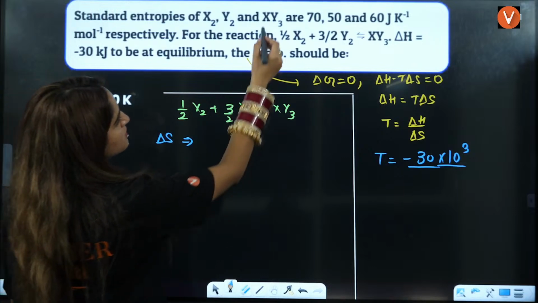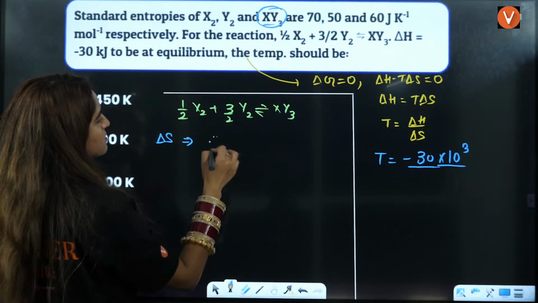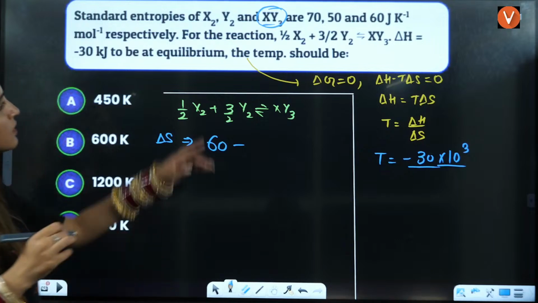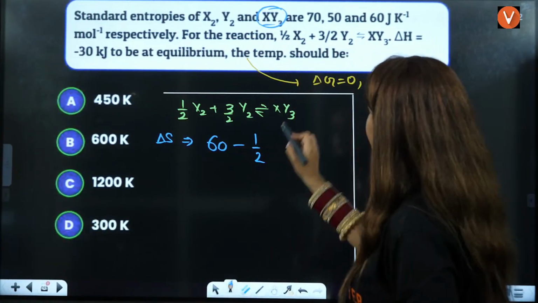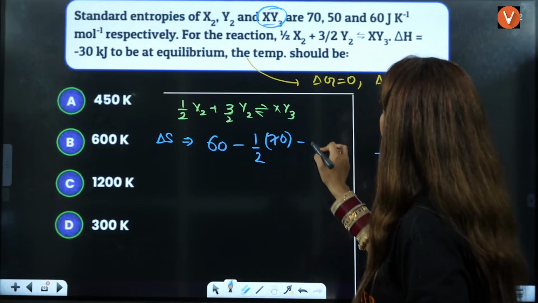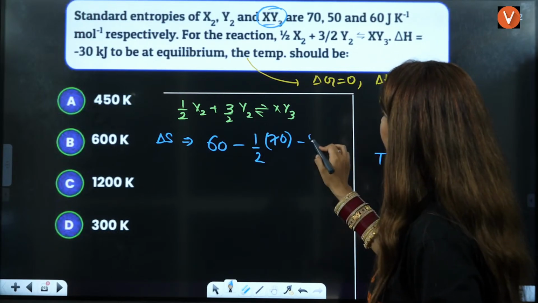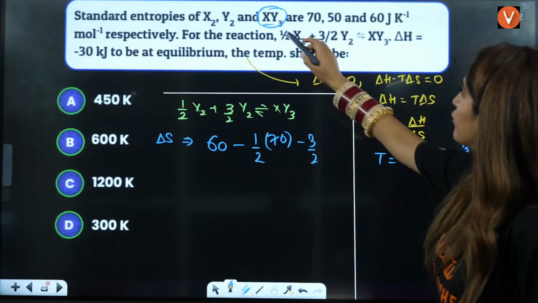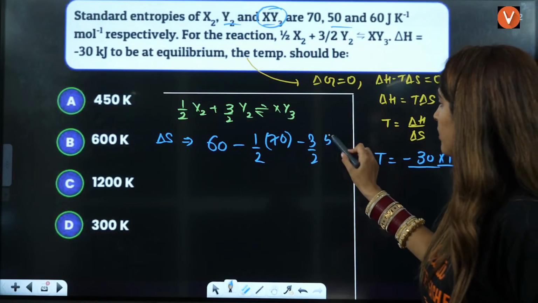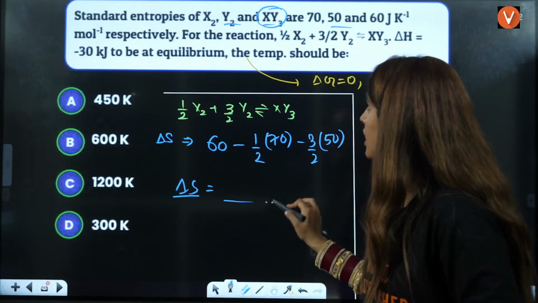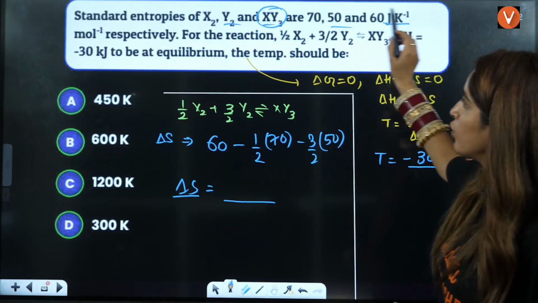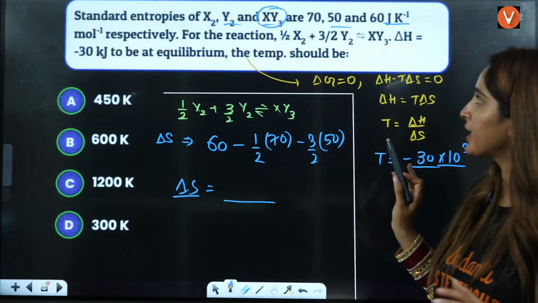Product is this, it has 60, minus reactant, half of X2. X2 is 70, minus 3 by 2 of Y2. Y2 they have given to be 50. From there you will calculate the value of delta S. Now this is given in joule per Kelvin.